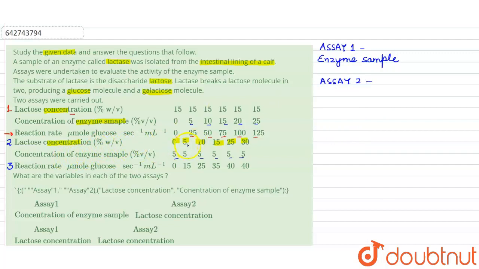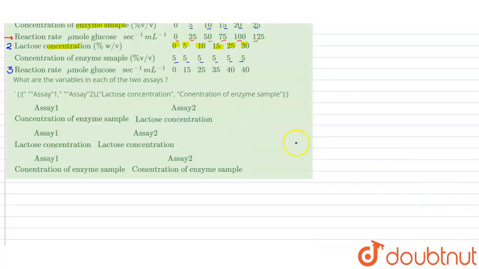It is the lactose concentration, that means the substrate is varying. So the first assay tells us about the effect of increase in the enzyme sample, whereas the second one helps us know the effect of an increase in the concentration of the lactose.